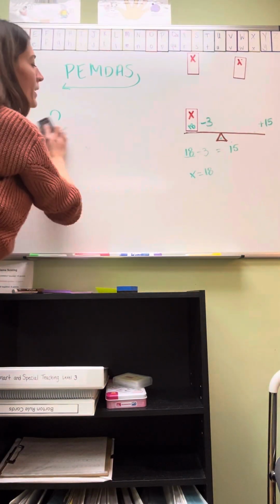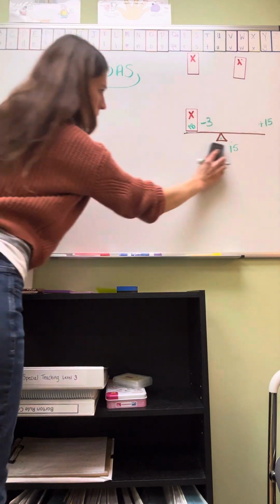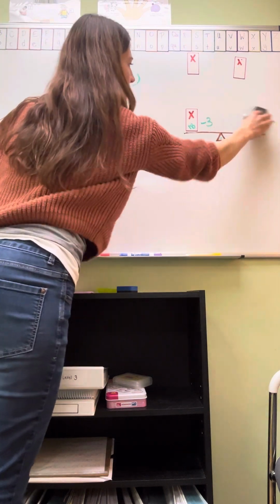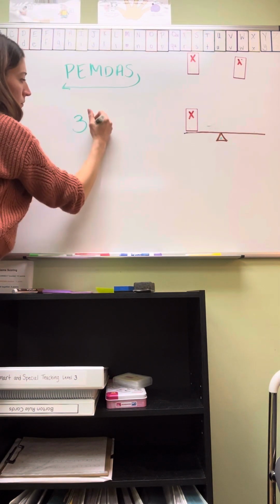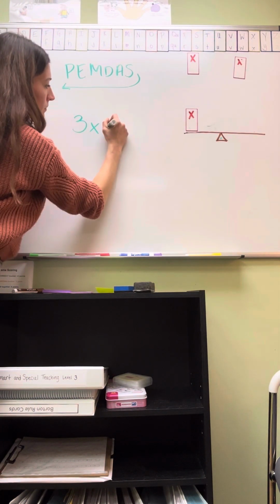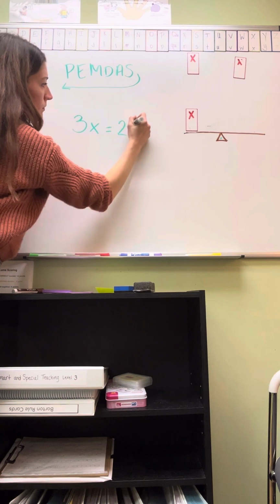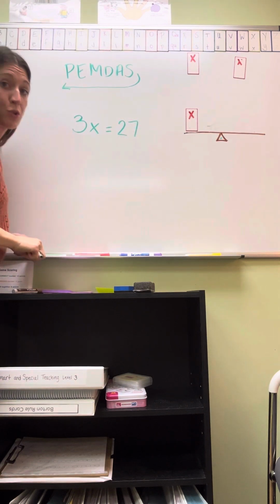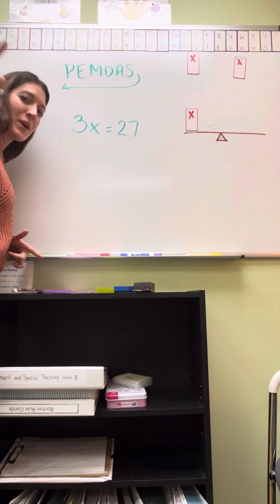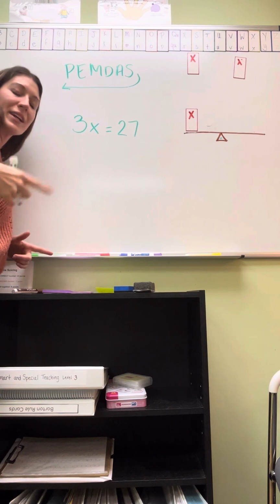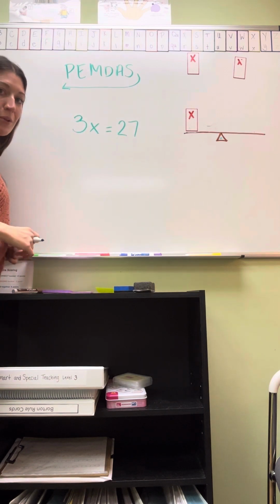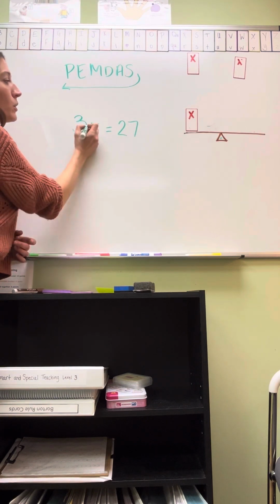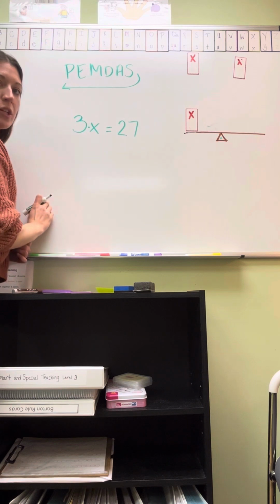Let's just do one example that has multiplication in it so that you can see how that works. 3x equals 27. Your brain already might be doing this. It might already be running and you're thinking about 3 times what equals 27. You probably already know this factor, but let's say you don't. How do I undo a multiplication?